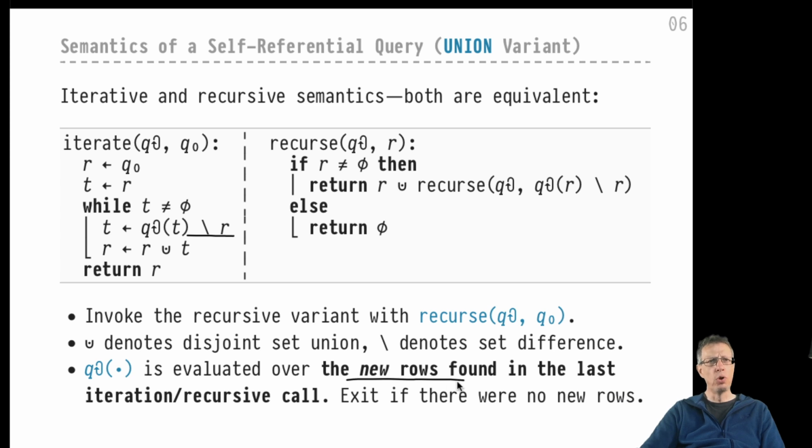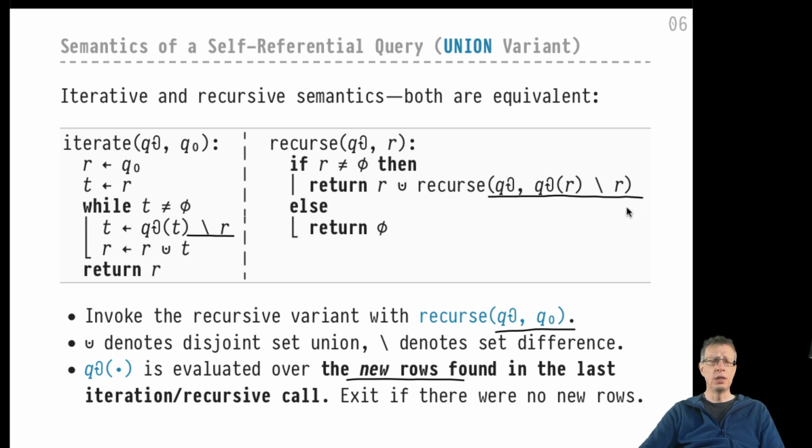Only the new rows found in the last iteration are being fed into the next iteration of our recursive query part. This is the semantics, right? And you find the same stuff over here. You would just invoke the recursive recurse function with an accumulated result of Q0 in the first invocation, and we would then maintain this accumulated result on recursive calls here.